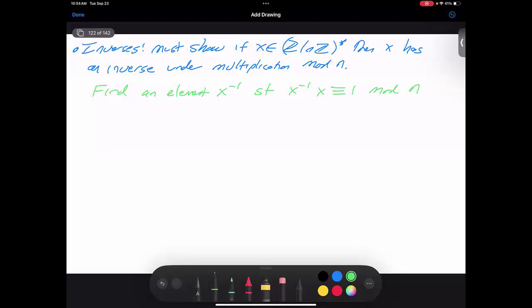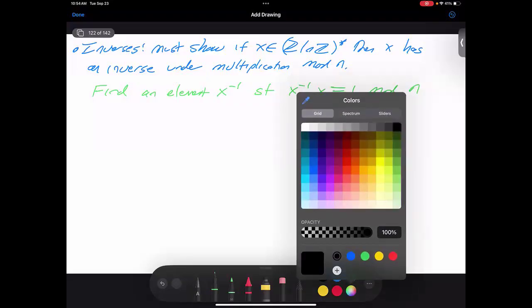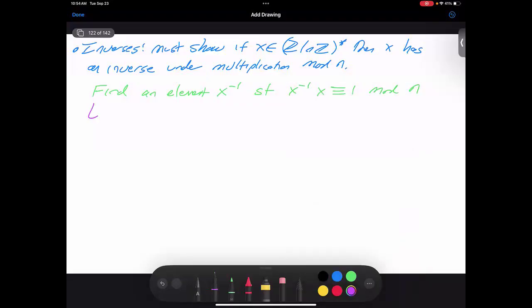So let's use the Euclidean algorithm. We need two numbers to use the Euclidean algorithm. Anybody want to tell me what two numbers we should use? There are only two numbers that I've mentioned right now for inverses.